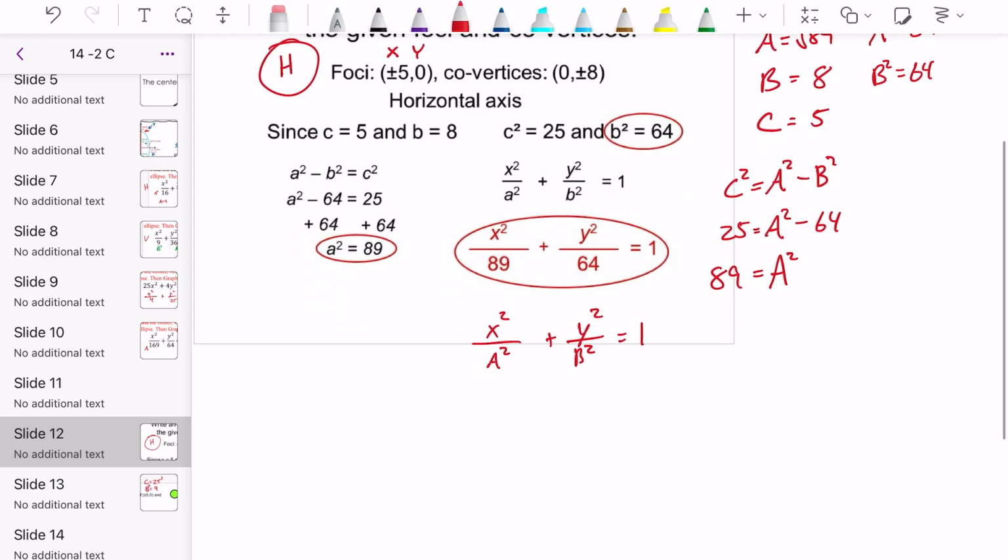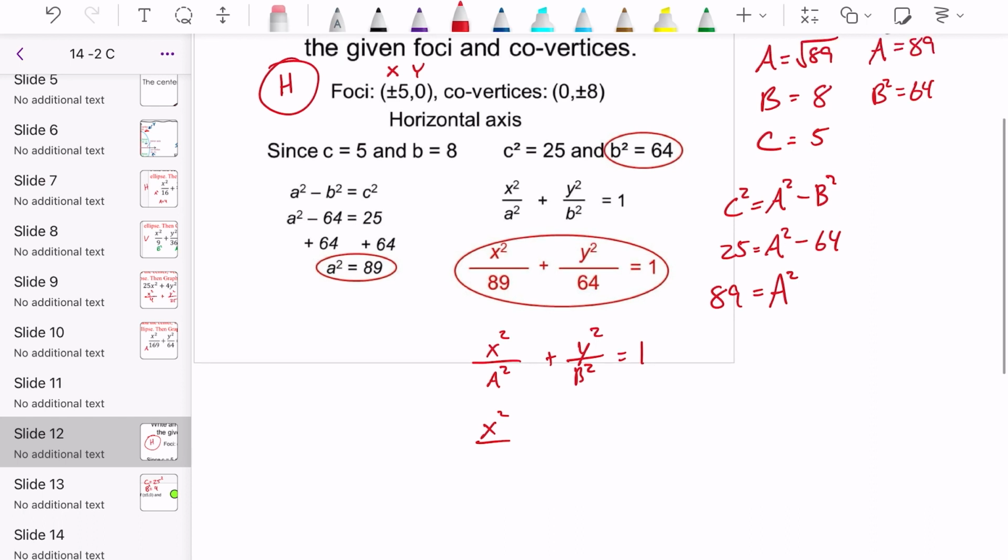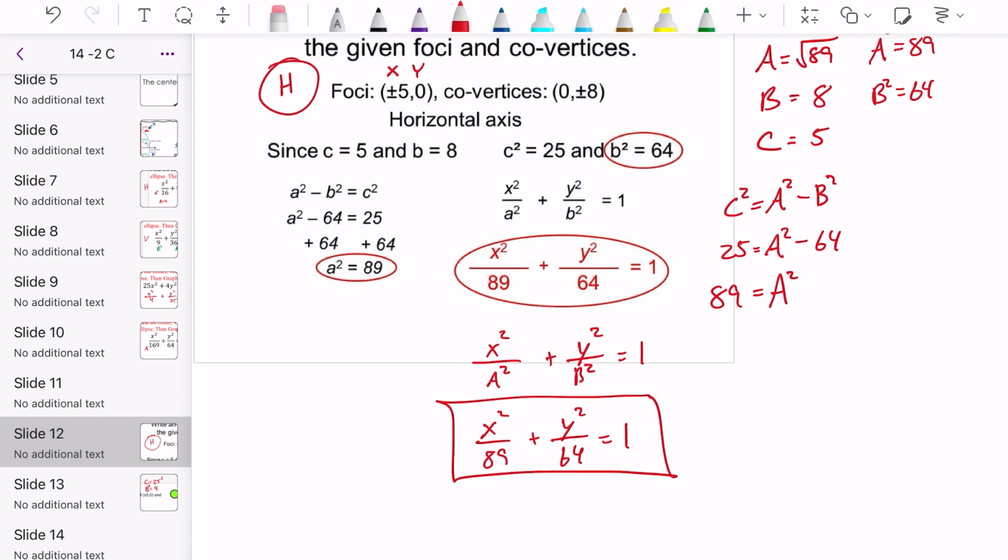We replace to create our equation, so X squared over 89, plus Y squared over 64 is equal to 1. This would be our equation for the given foci and co-vertices.